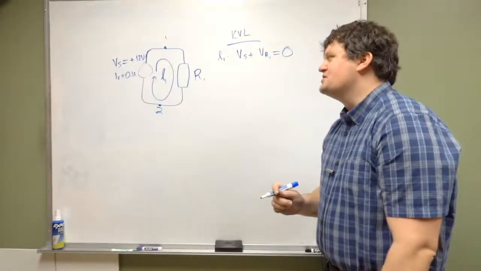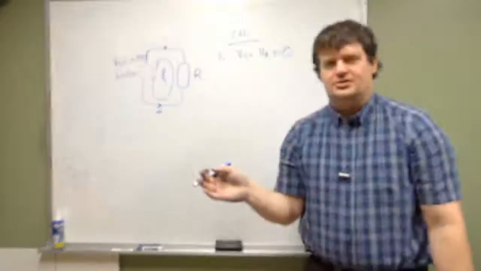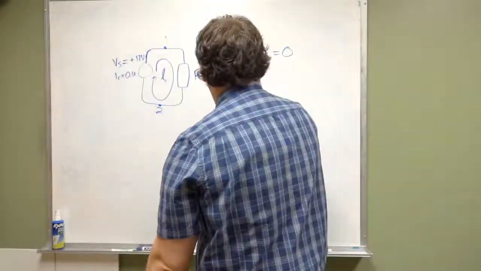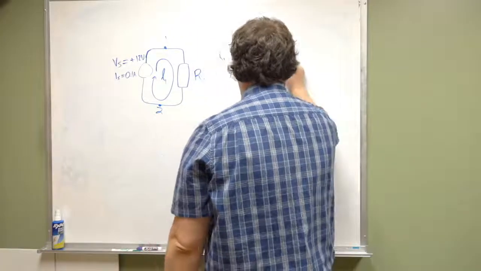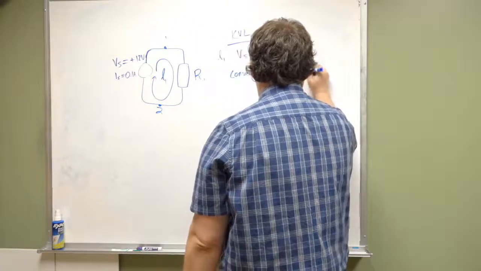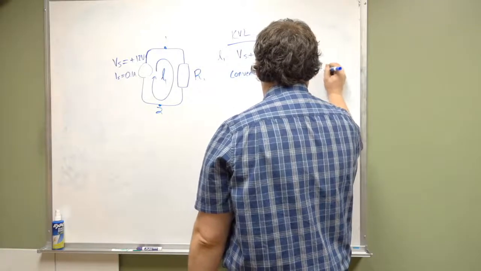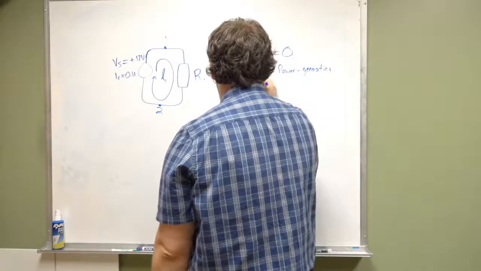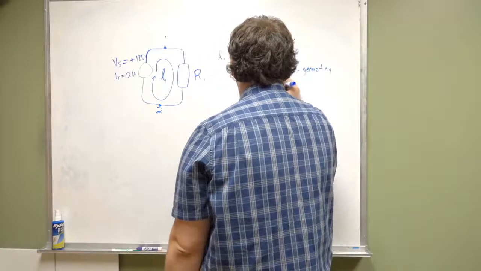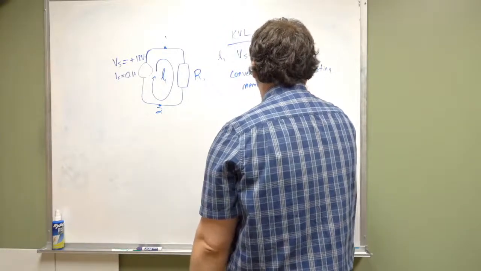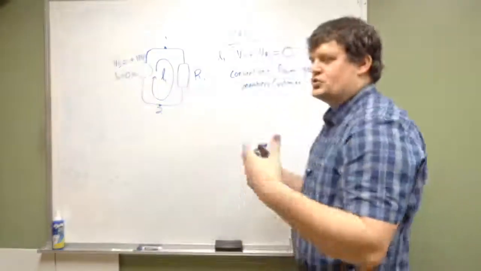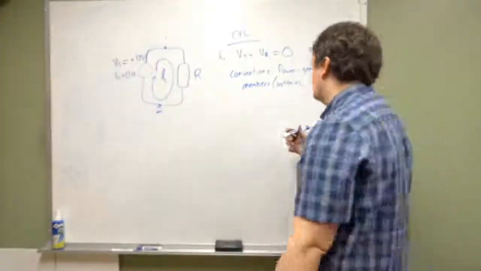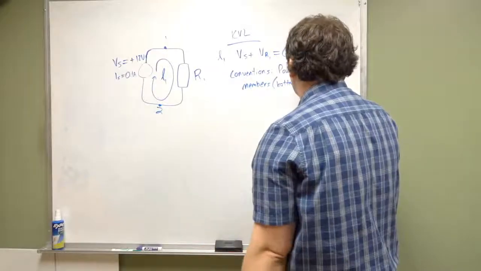Now, conventions for KVL. This is kind of an important thing to note. Your power generating members, that being batteries, or you may have a transformer that brings power into a system, any kind of power source.